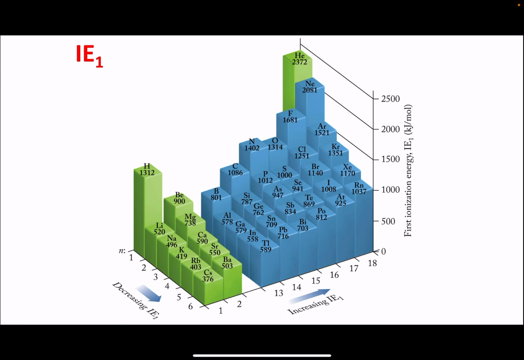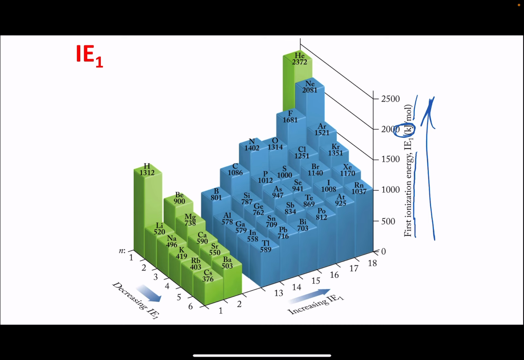So we look at that data, and here's the data showing on the y-axis, the vertical, the first ionization energy, the energy it requires to remove the first electron from neutral atoms, as kilojoules, thousands of joules, per mole of neutral atoms that we try to ionize.